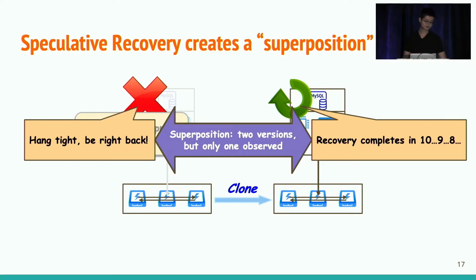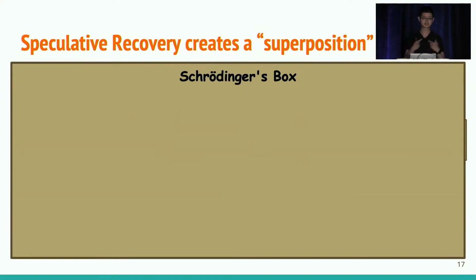So the concept of superposition is originally from quantum physics, and the famous illustration is Schrodinger's cat experiment, where the cat is both alive and dead at the same time. To draw an analogy, when the primary stops responding, from the client's perspective, it's just like putting the system inside a Schrodinger's box.